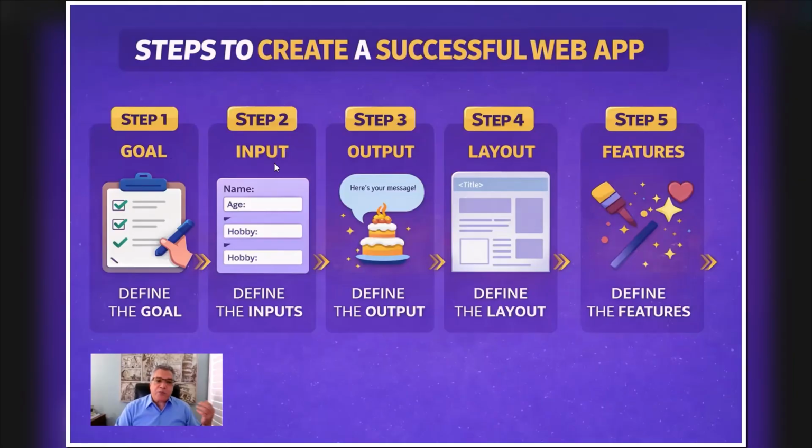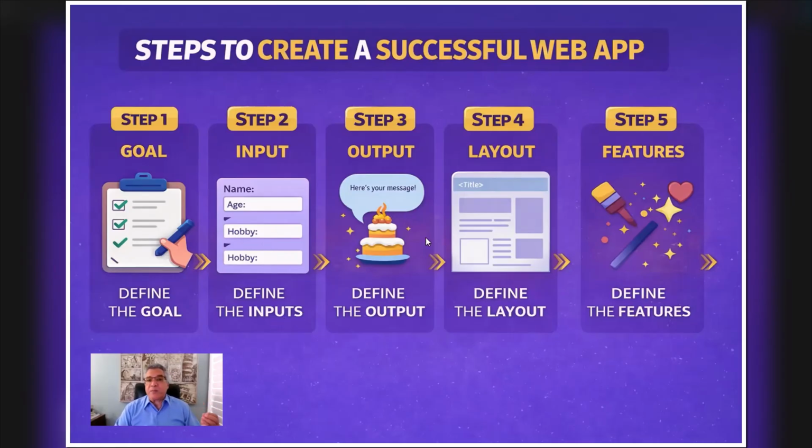In the input, you can put the name, hobby, the city, the state, a lot of information. You have to add them into the input, and this way, step number 2 will define the inputs.